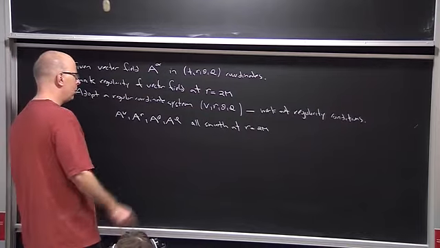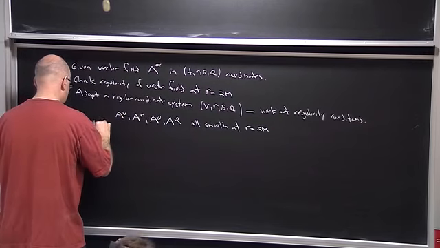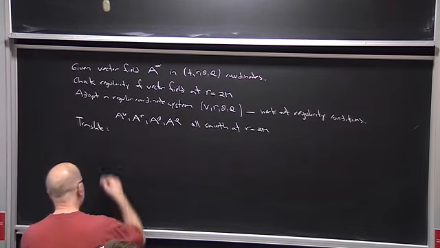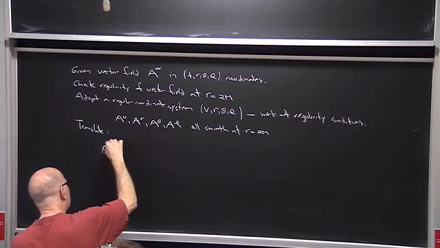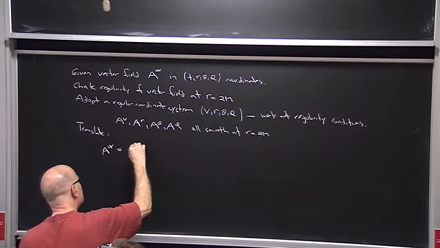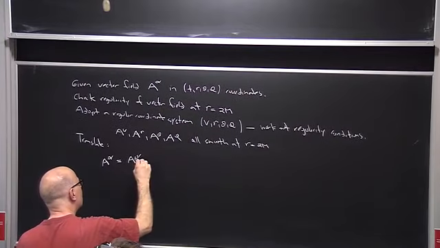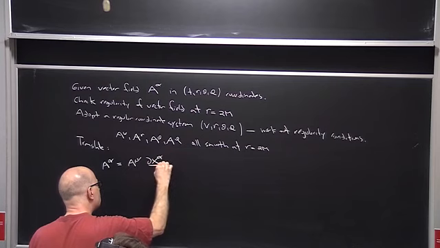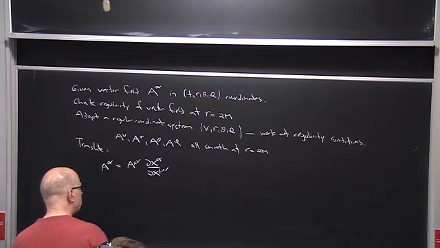Well, the answer is simple. You just translate. You just do the coordinate transformation. The components of the vector field in the old coordinates, in the t, r, theta, phi coordinates, are going to be the new components times the usual factor that incorporates the coordinate transformation.